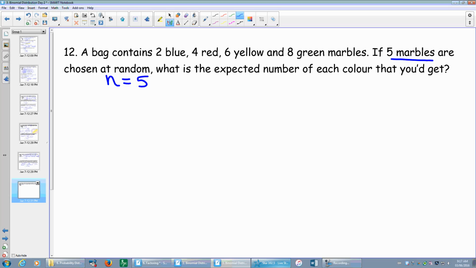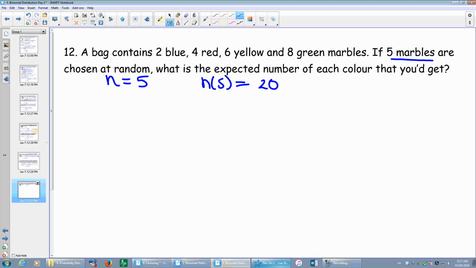My N is the number of marbles that I'm selecting. What's the amount? 20. So I know that there are 20 marbles in the bag. I'm choosing 5 of them. That's like saying 5 trials.